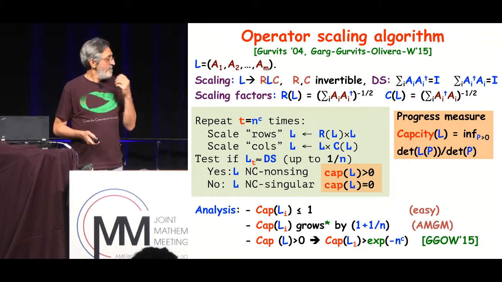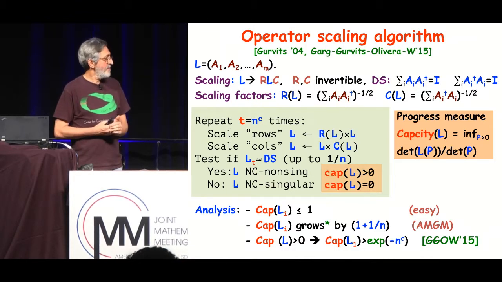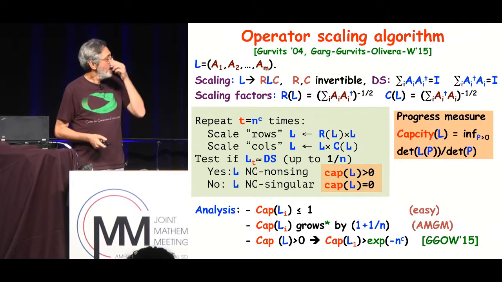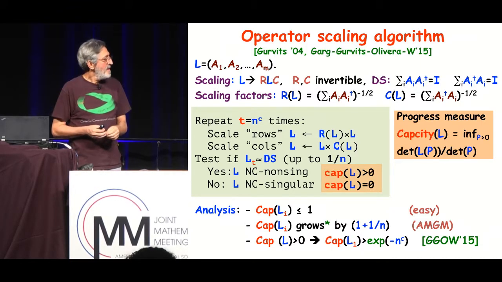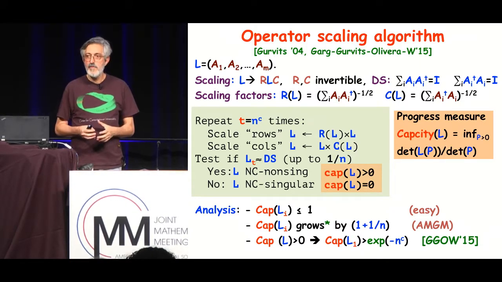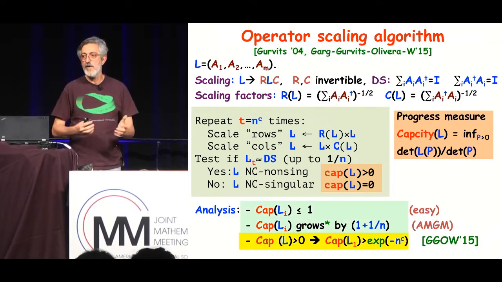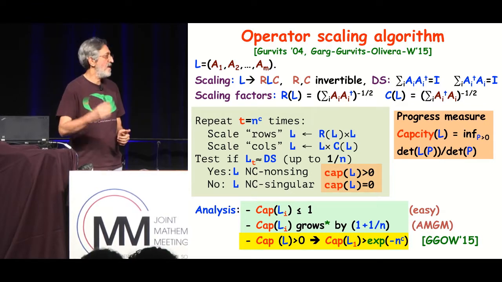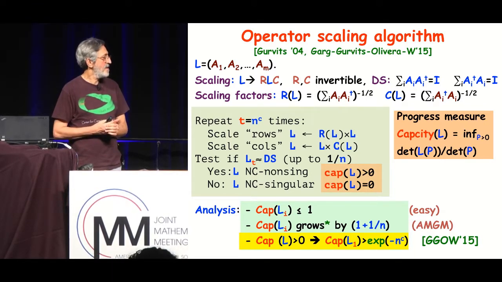And the last part that was needed, that didn't exist, and exists in this work from 2 years ago, is that if you start with positive capacity, then actually it's not too small. It's only exponentially small. So a polynomial number of steps will get it to convergence fast.